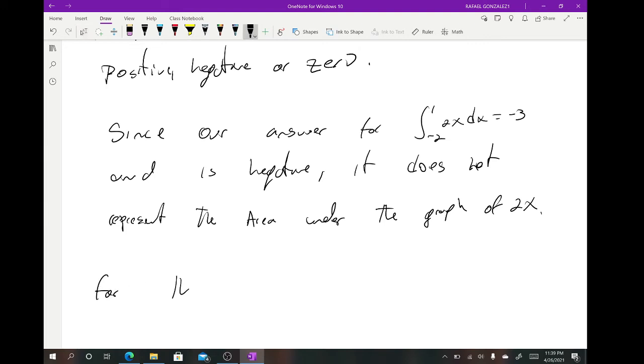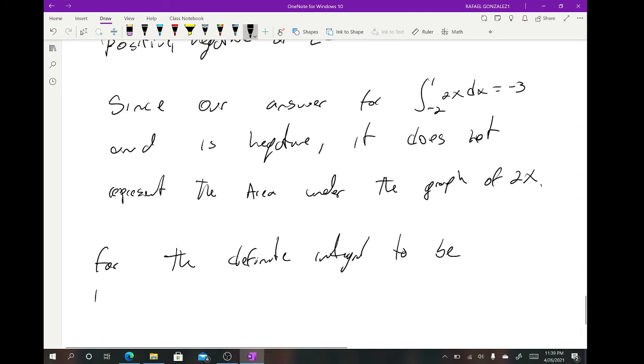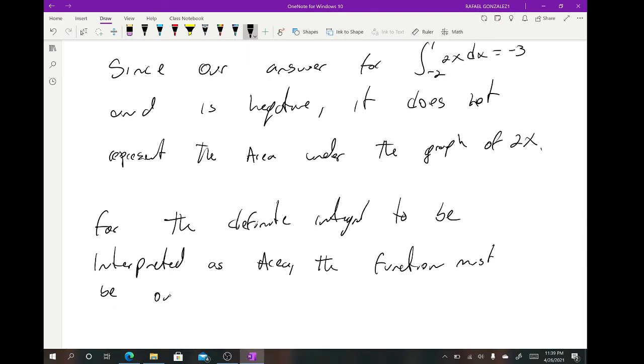So for the definite integral to be interpreted as area, the function must be non-negative over an interval.